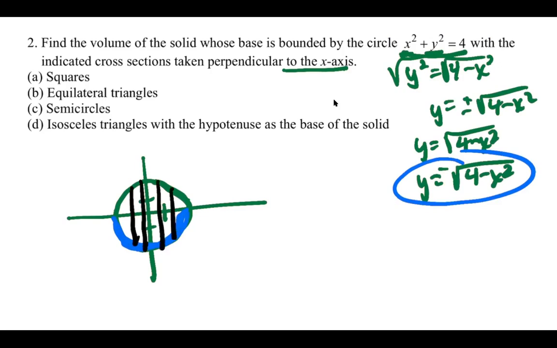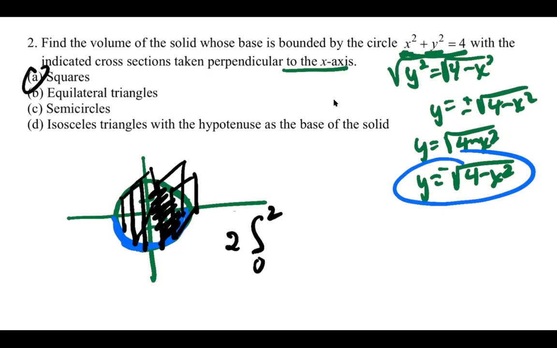And poking up out of them is going to be squares again. All different size squares bounded by that base. So I'm going to have the integral from -2 to 2, but I'm actually going to double it from 0 to 2 and just do this side of it because I'm convinced of the symmetry that the same thing's going to happen over here.